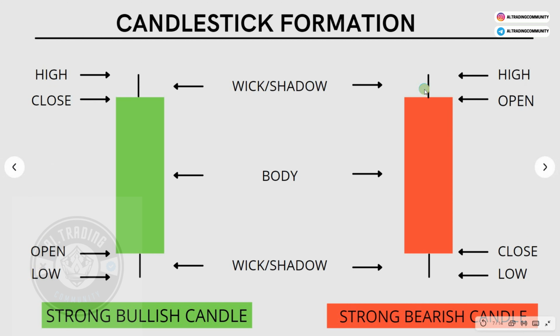Like we said in the beginning, a candlestick gives us four data: high, low, open, and close. So we'll be learning that quickly. Let's say the market opened at 9:15 at 100 points, and let me draw the price.